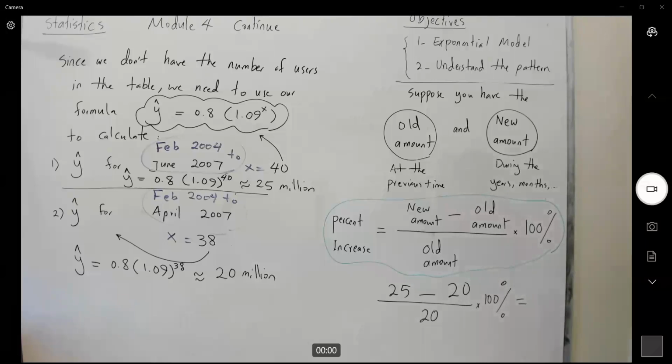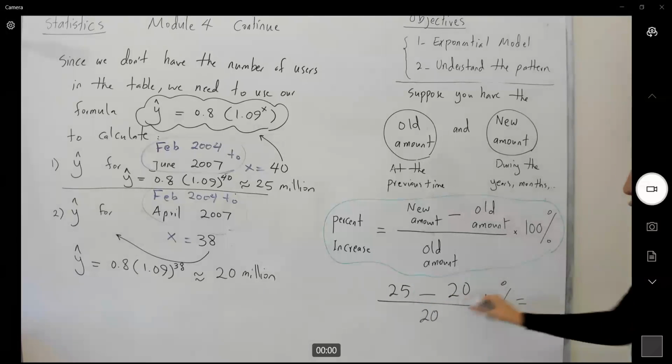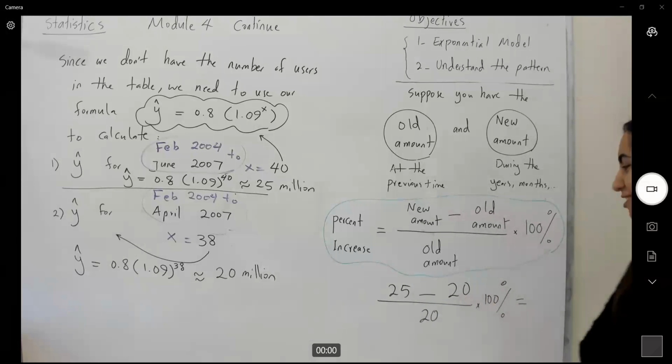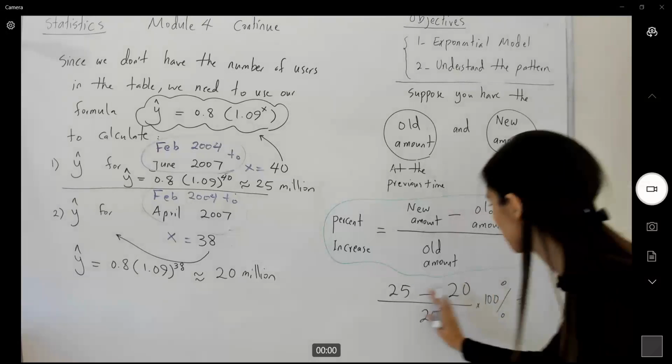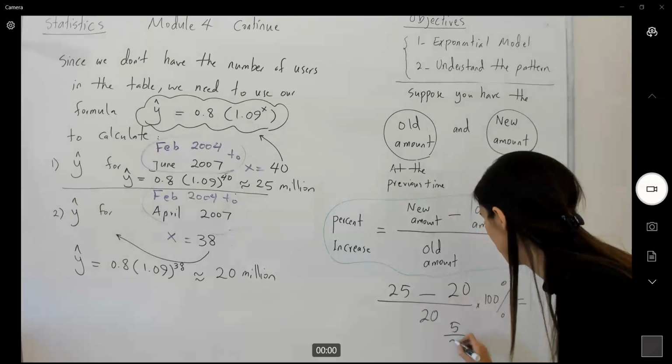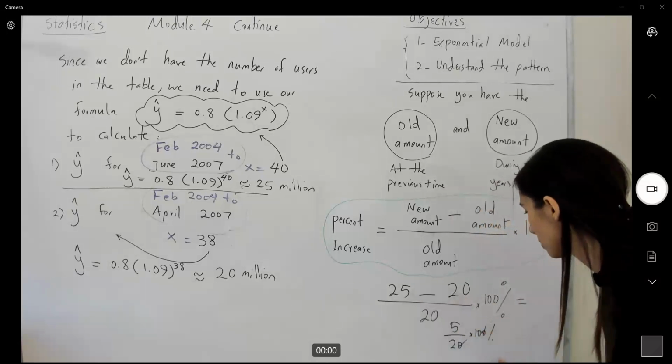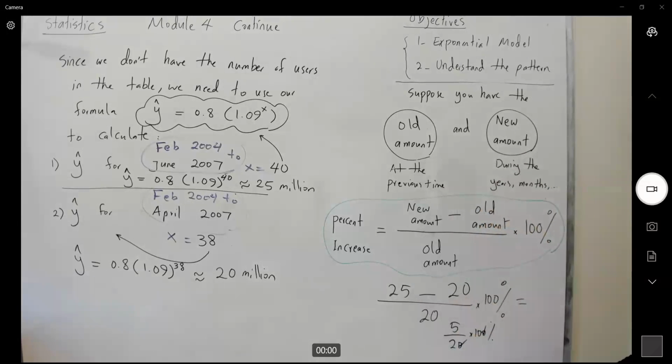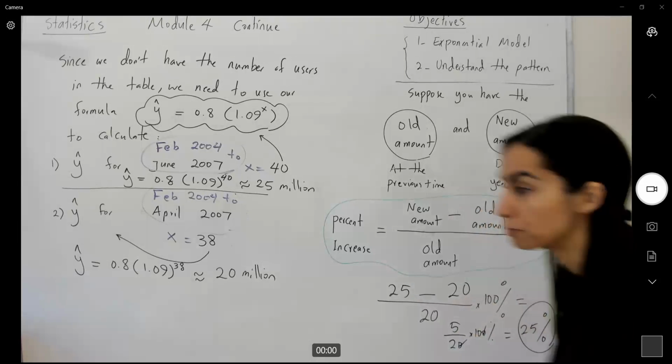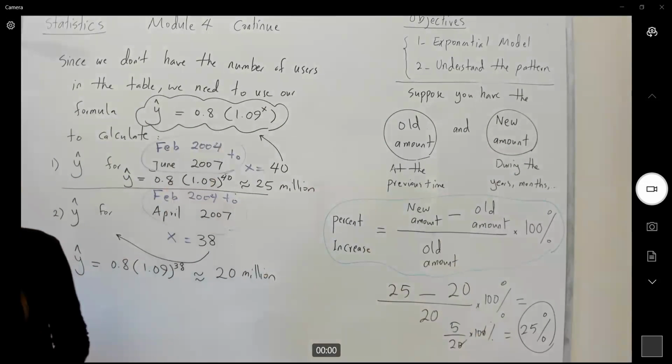What would be your calculation here? 25 minus 20 is 5. Here you have 5, divided by 20 times 100%. You can cancel out these two. And if you divide these, you get 0.25, which is 25%. 25% increase. That's huge.